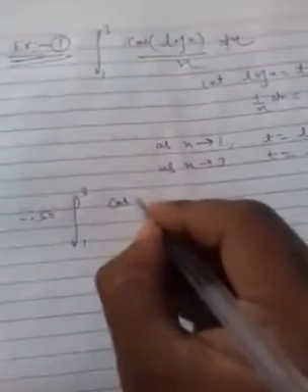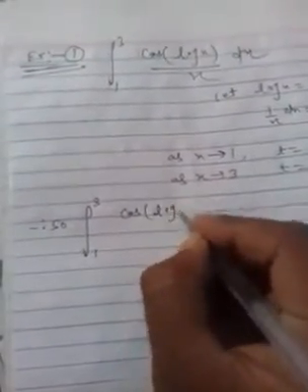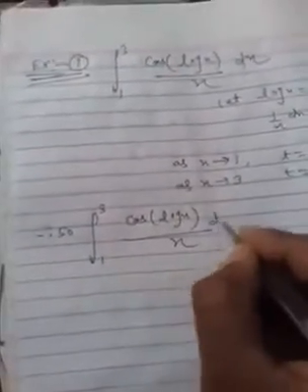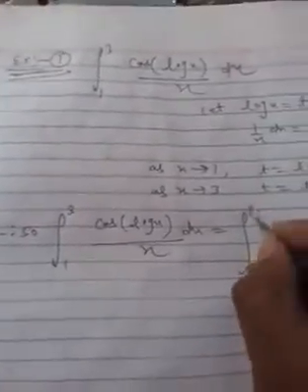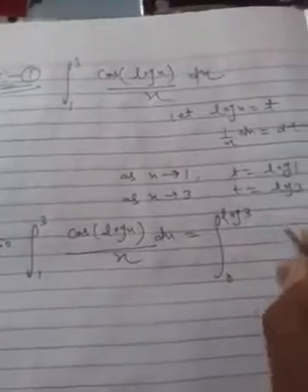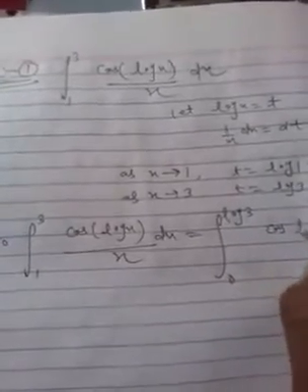So integration 1 to 3 after substitution, integration cos log x upon x dx equal to 0 to log 3 cos t dt.